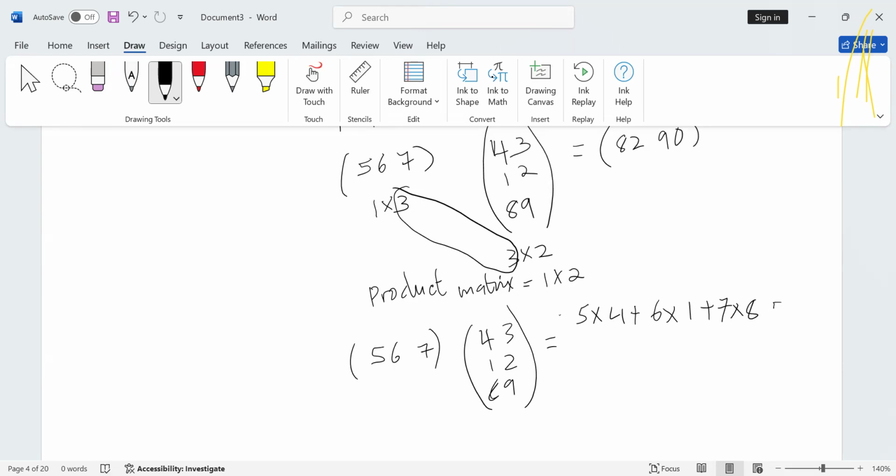Then you have 5 times 3 plus 6 times 2 plus 7 times 9. So that is 20 plus 6 plus 56, then 15 plus 12 plus 63.